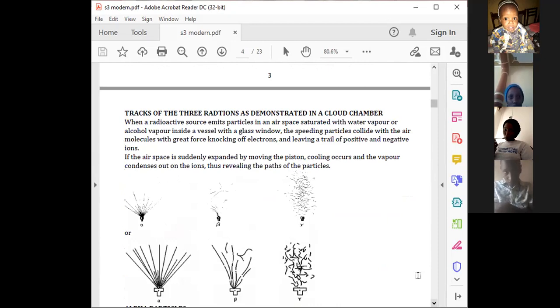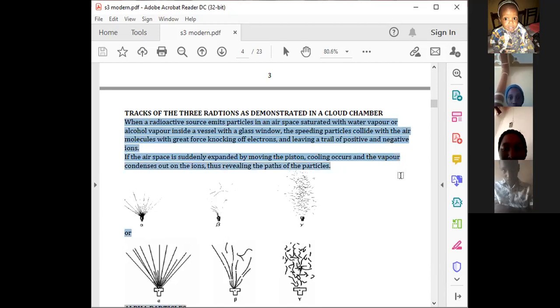All this I'm trying to underline will never be asked at your level, that cloud chamber application and the principle. We shall see the Wilson cloud chamber, or the very few that will join A-level and take physics. But now in O-level, what do we focus on?